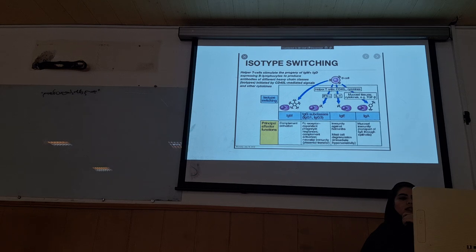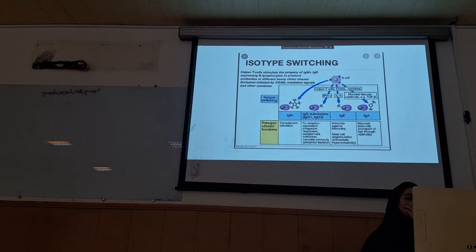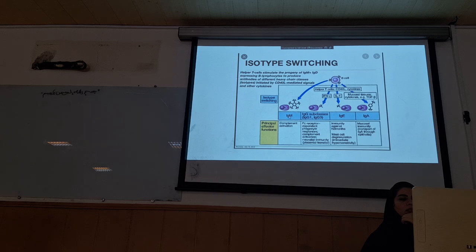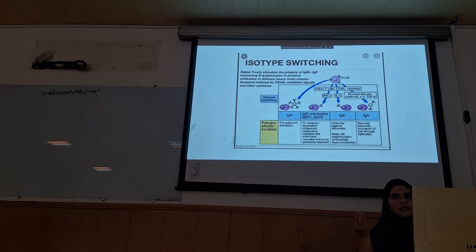The helper cells produce interferon gamma for activation of macrophages, and produce interleukin 4 for activation of, for example, eosinophils. And you have here some isotype switching. These are different types of antibody. IgM is the first antibody which is present as the B cell receptor, but other types of antibody, for example IgG, IgE and IgA, are produced from IgM.